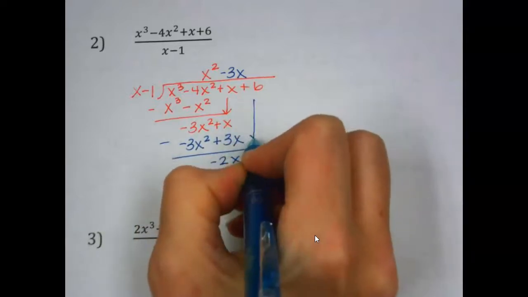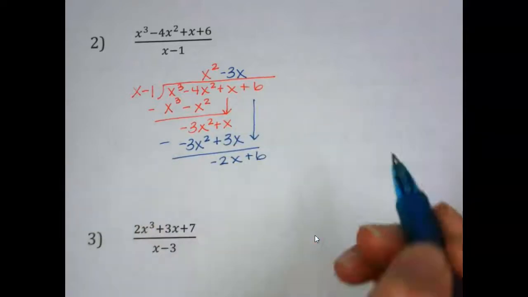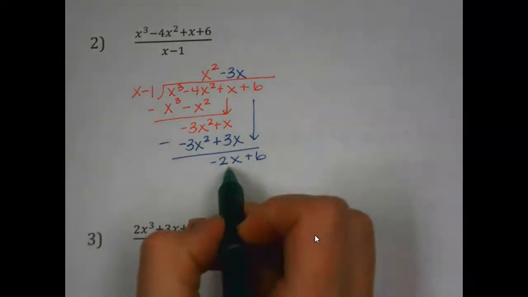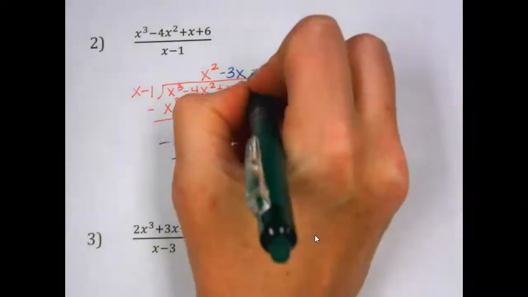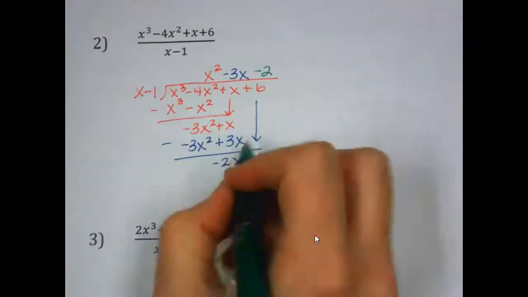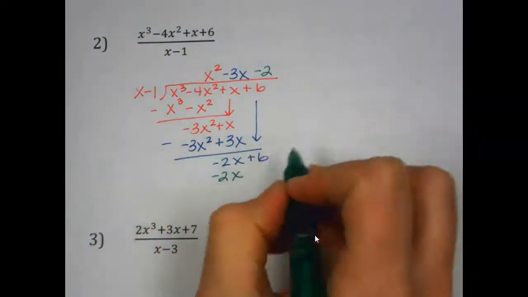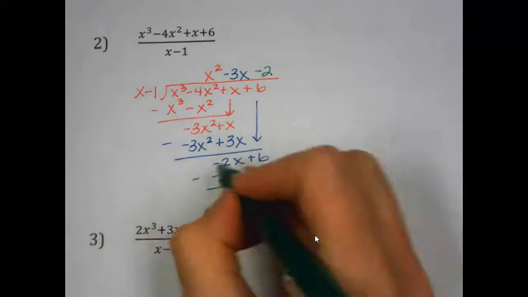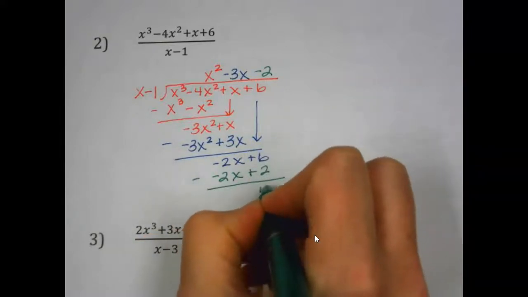And I'm going to bring down the 6. Then I get to do it all again. So negative 2x divided by x is negative 2. And then I multiply. And then I subtract. So 6 minus 2 is 4.